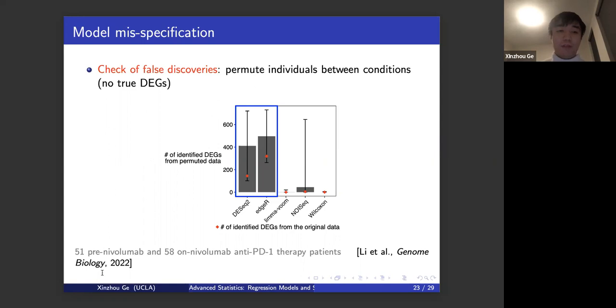And we have two groups of patients. One group was treated with therapy, and one was not treated. So we have condition 1 and condition 2, and we can compare these two conditions and do DE analysis.